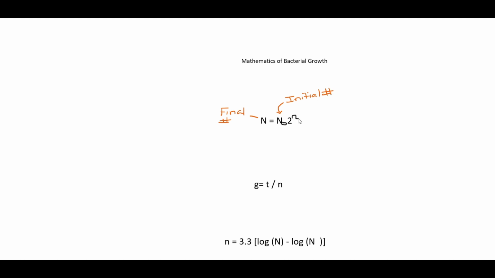And small n in here is the number of generations.